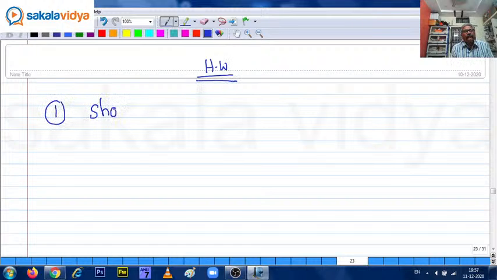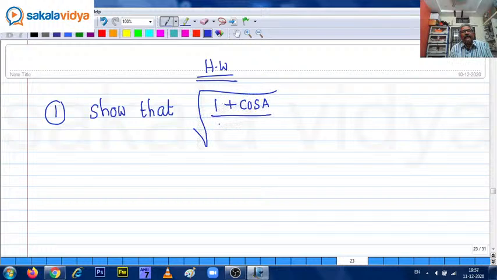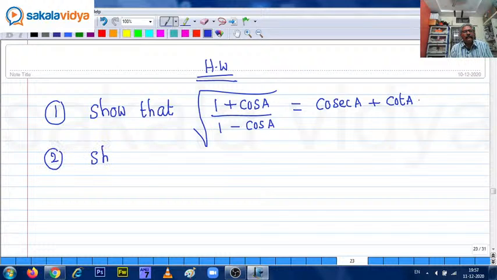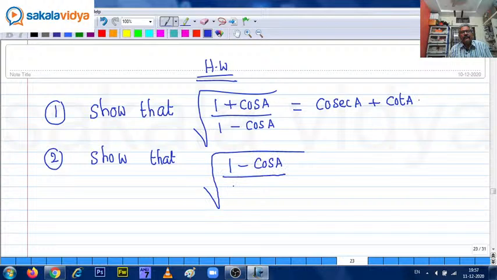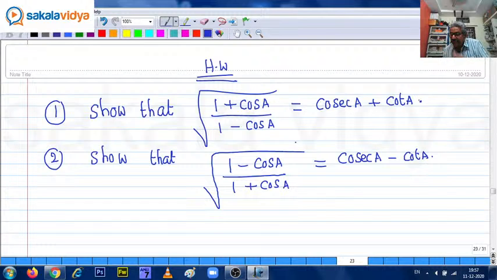Show that root of 1 plus cos A upon 1 minus cos A equals cosec A plus cot A. Second problem, show that root over 1 minus cos A by 1 plus cos A equals cosec A minus cot A. Okay. So complete these problems.